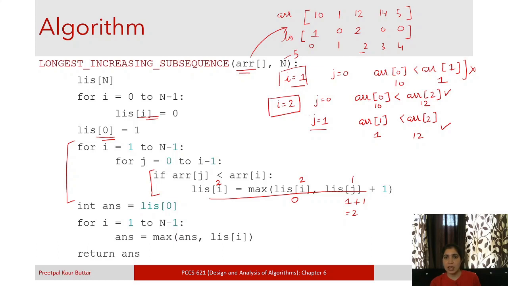LIS 2 we updated in the previous iteration, so it is 2. And LIS j, that is LIS 1, is 0. 0 plus 1 is 1. So we will not update it. It will stay 2, right?